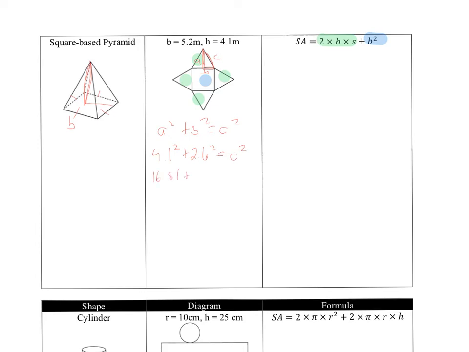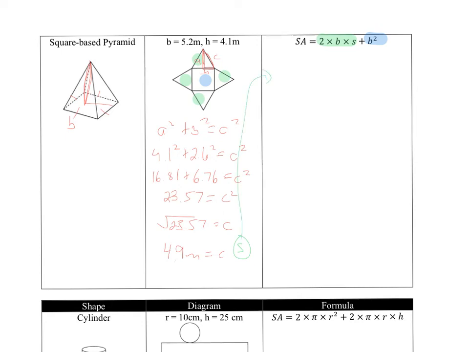And 2.6 squared gives me 6.76. When we add those together, we get 23.57. And then we square root it. When you square root it, we round it to 4.9 meters equals C. So that is once again our slant height, our S dimension that we'll put in the equation over here.